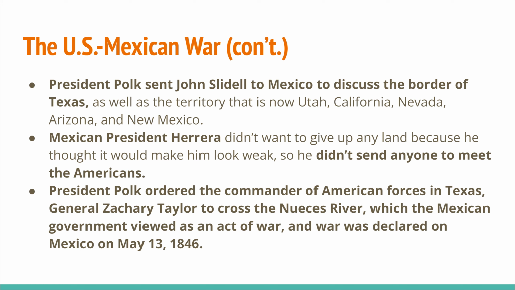The United States is going to declare war on Mexico after a little bit of fighting on May 13th, 1846. These guys cross a river. They have a short fight with the Mexican army. The Mexican army sees this as, oh, we're being attacked. And in response to this, Texas is going to officially declare war on Mexico, May 13th, 1846.